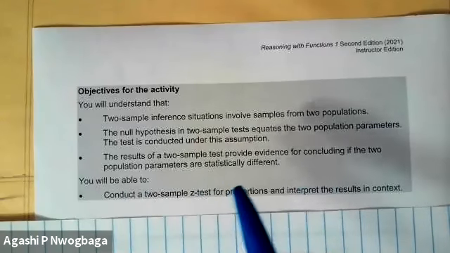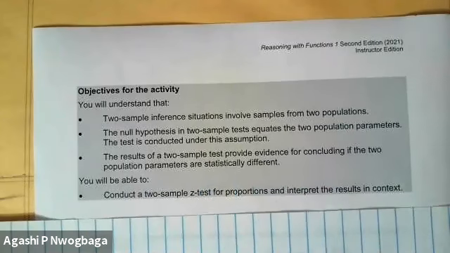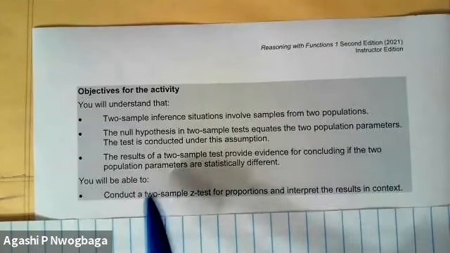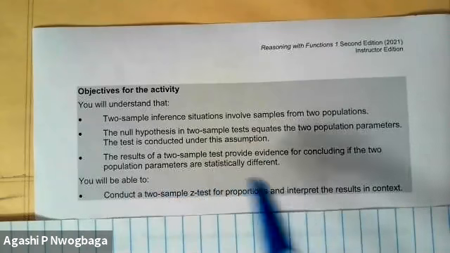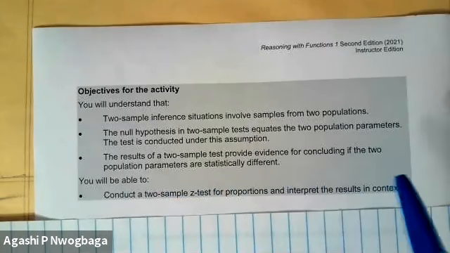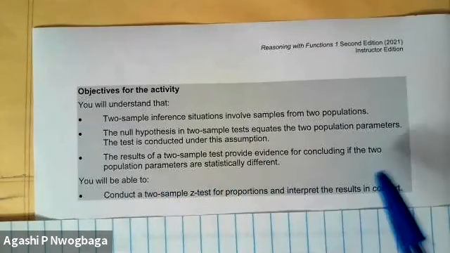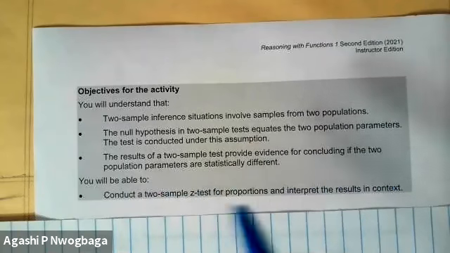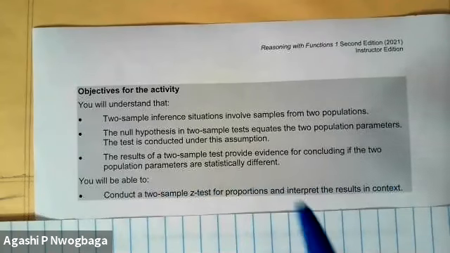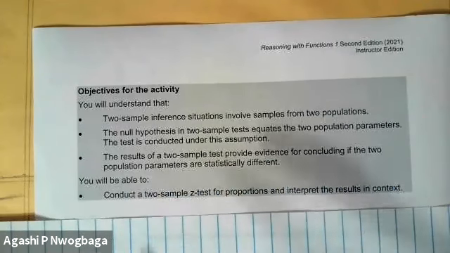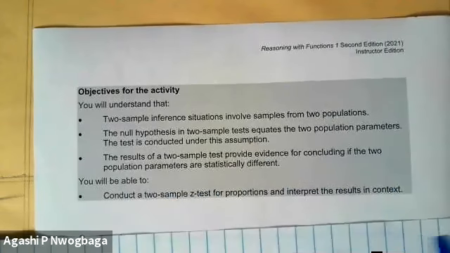The test is conducted under this assumption. The results of a 2 sample test provide evidence for concluding if the 2 population parameters are statistically different. You will be able to conduct a 2 sample z-test for proportion and interpret the result in context.